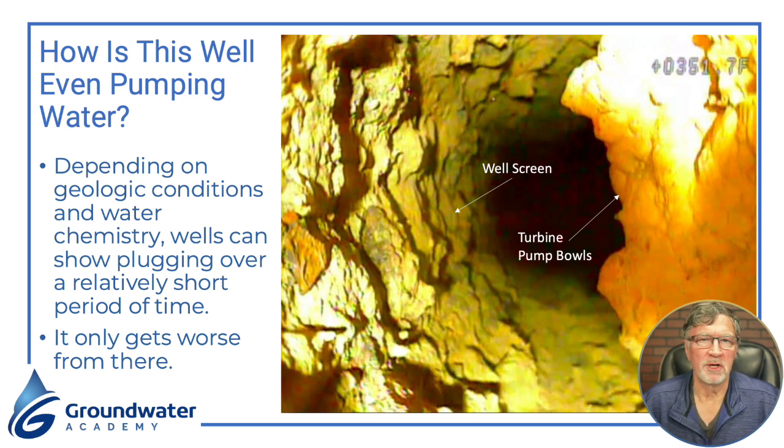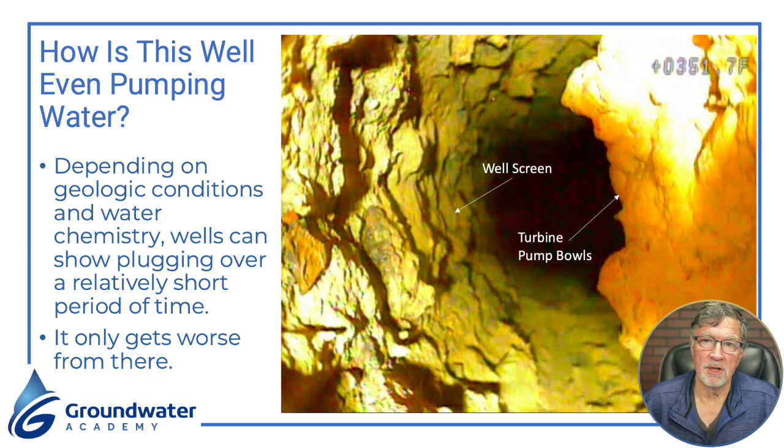So this is just one example of what's going on down there. You never know from looking at the surface of this particular well, but this is a screened well with a turbine pump in it. You've got the turbine pump bowls there to the right, and the well screen to the left. Believe it or not, this well was rehabilitated not all that long prior to us taking this video.